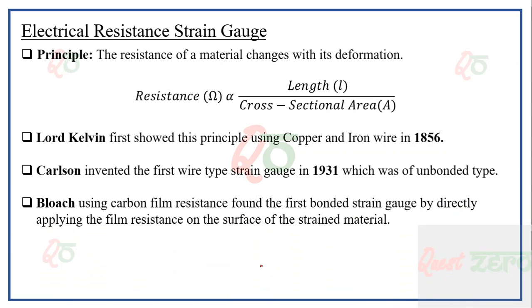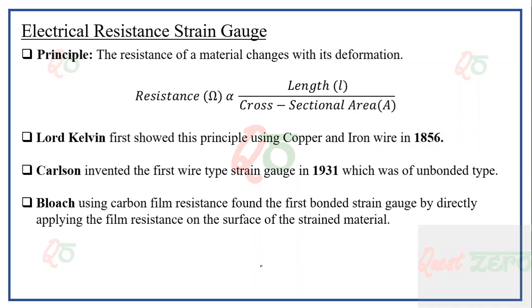Then Bloch, using carbon film resistance, invented the first bonded strain gauge by directly applying the film resistance on the surface of the strained material. So from unbonded type, the bonded type of strain gauges were developed, and these had their own advantages compared to the unbonded type.